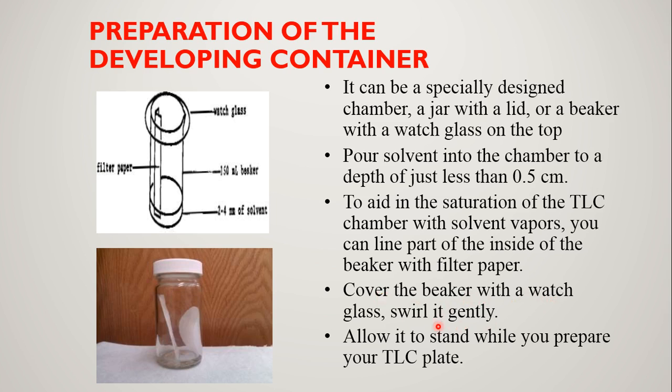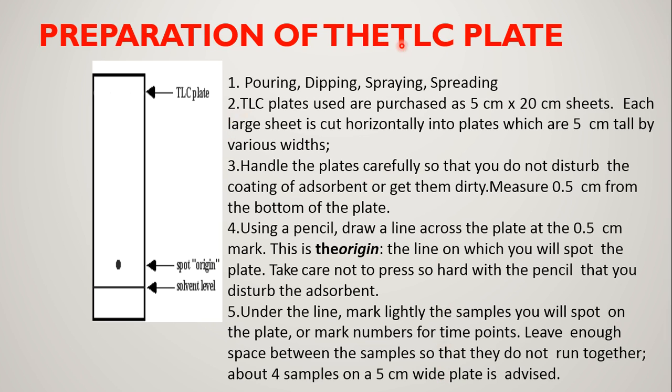Cover the beaker with a watch glass or swirl it gently. Due to this process, the whole air will be completely saturated with this organic solvent vapor. Allow it to stand while you prepare your TLC plate. Now the next thing is preparation of the TLC plate, as I showed earlier how we prepare.